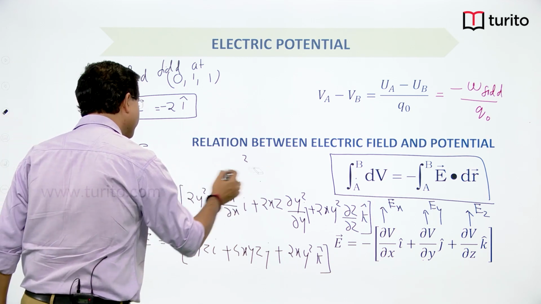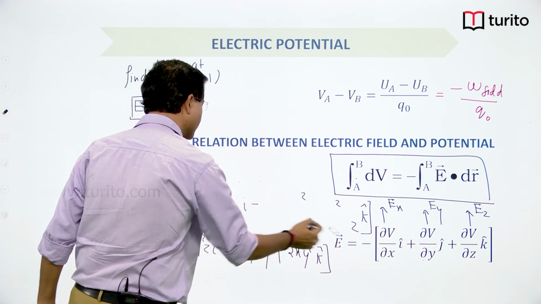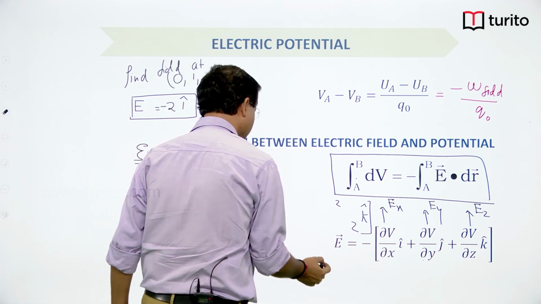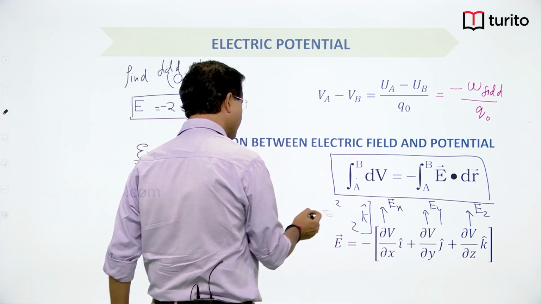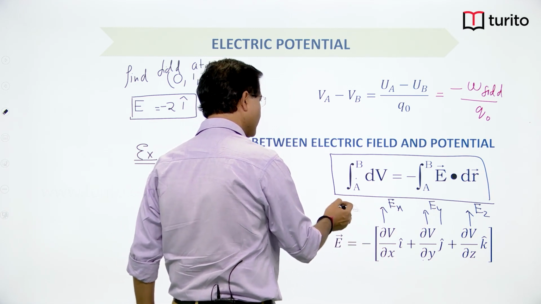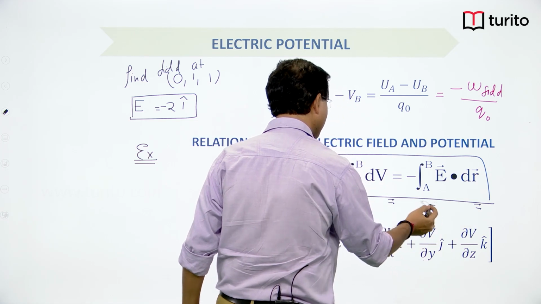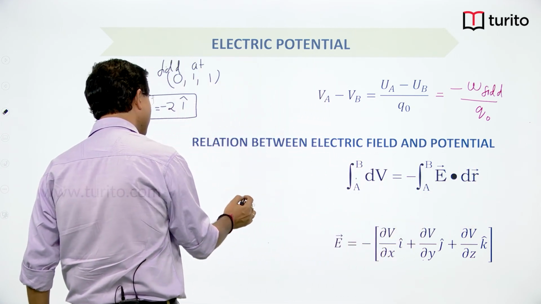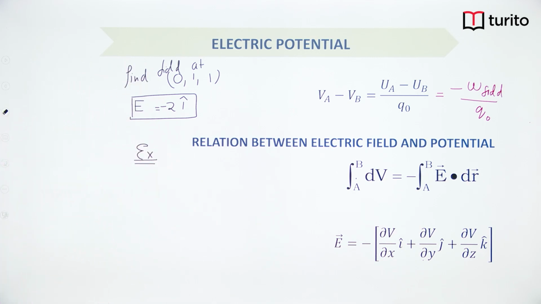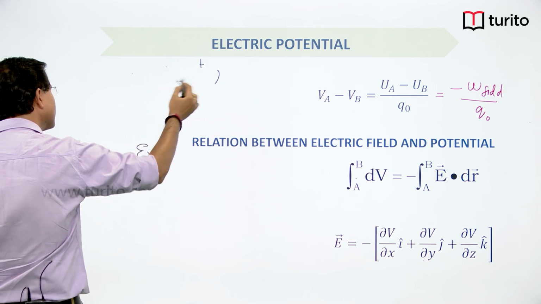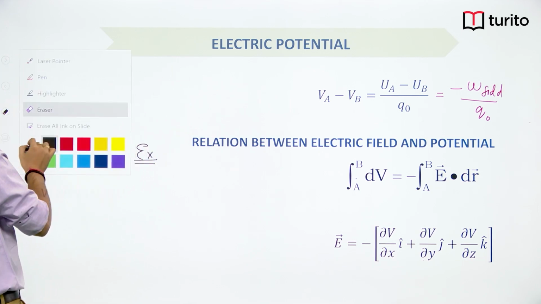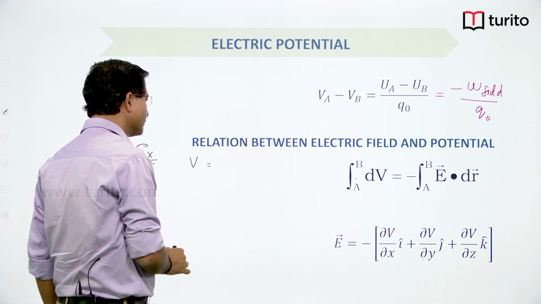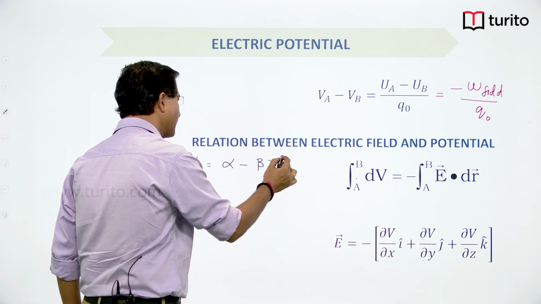It might be given, if I say potential is given according to V is equal to alpha minus beta r square.